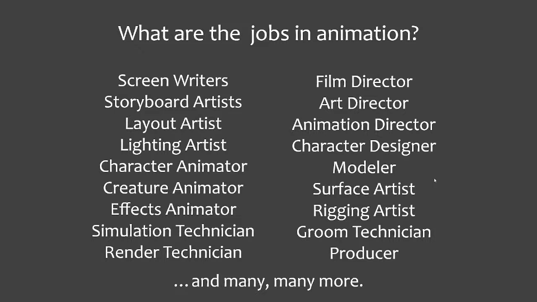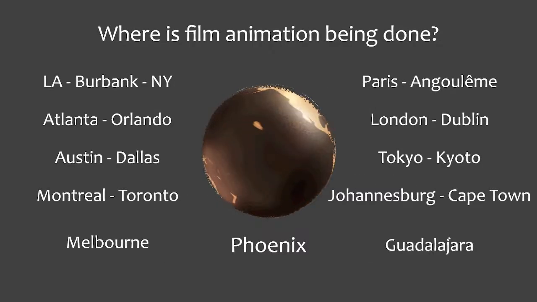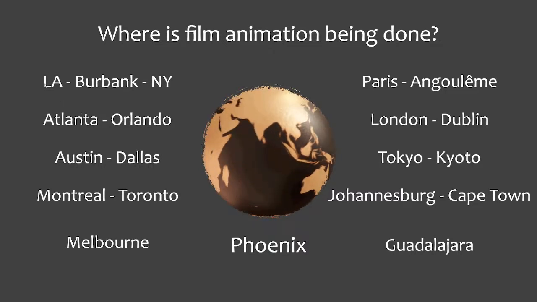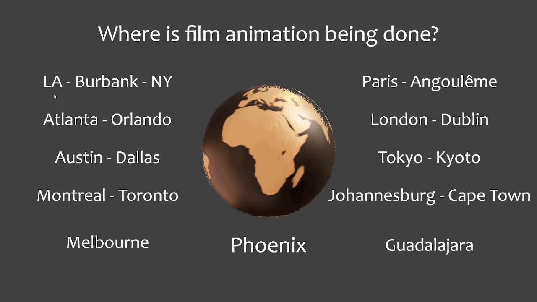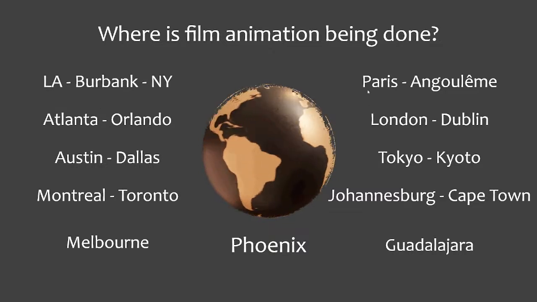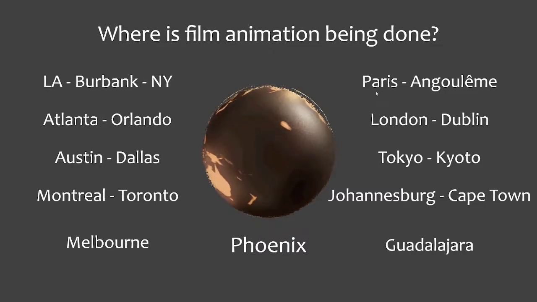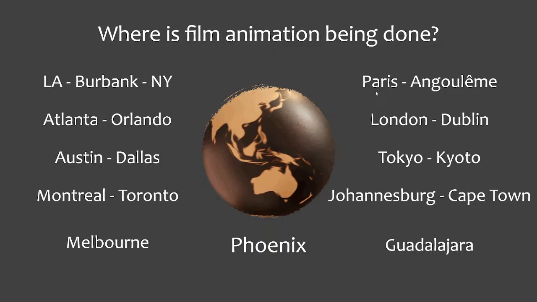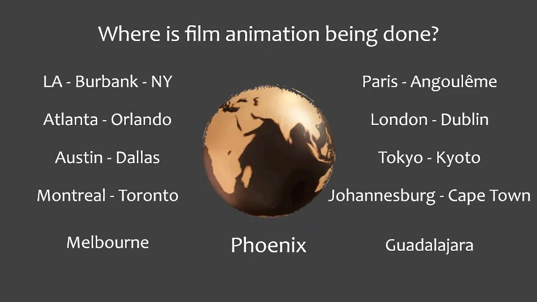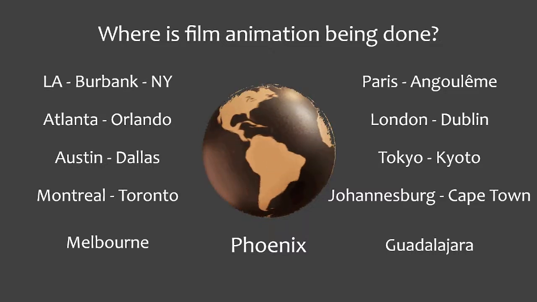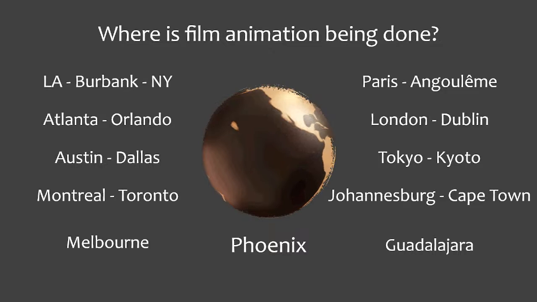I'm not going to say that it's very easy, though. Also, when it comes to animation, it happens all over the place. Typically, if you're looking for feature film, then you're going to look at places like Burbank, LA, sometimes in Paris as well. If you remember the Despicable Me movies, there's a large studio in Paris called Illumination Mac Guff, and they worked a lot on that.